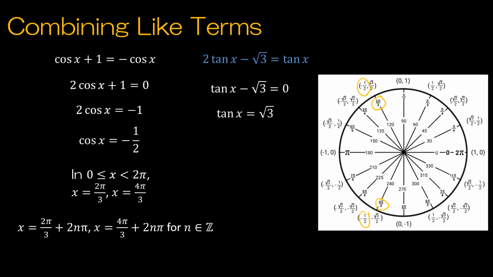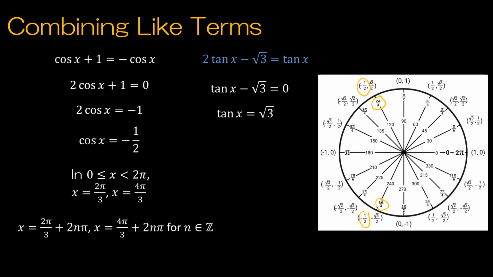So I'm looking for essentially radical 3 over 2 divided by 1 over 2, because then I would end up with just radical 3. So that means I need y to be radical 3 over 2 and x to be 1/2. And that would be here at pi divided by 3. But it would also work at 4 pi divided by 3.